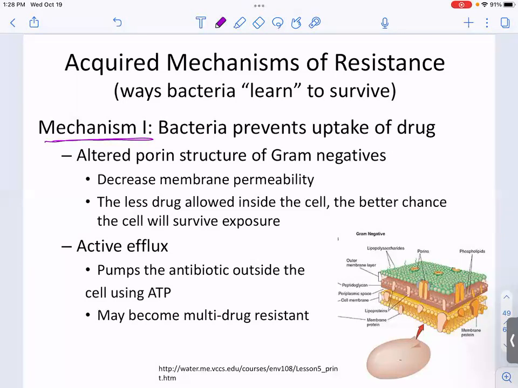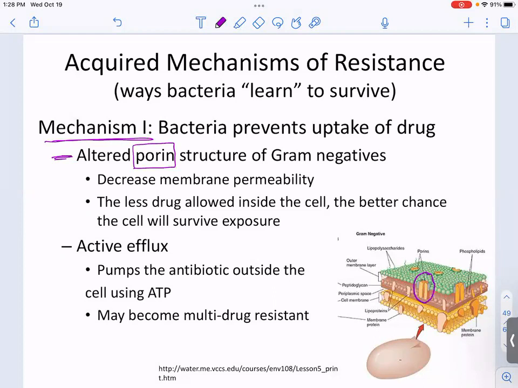Okay, so either the drug can't get in to begin with, or they are able to basically pump the drug out when it does enter the cell. Sometimes this happens just by point mutation, or they can alter the porin structure. So remember what porins are.